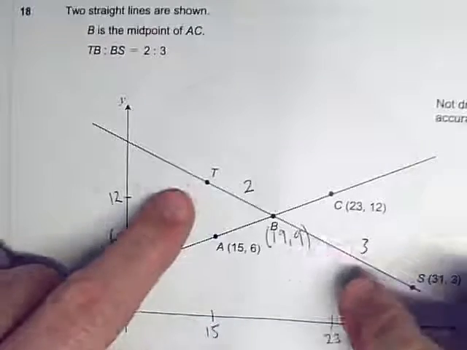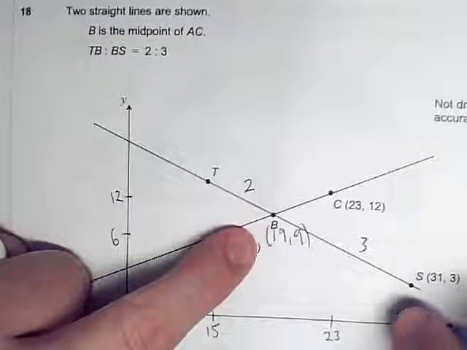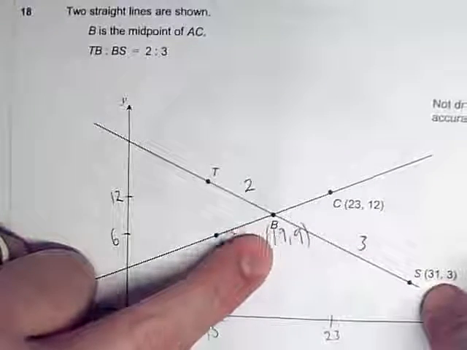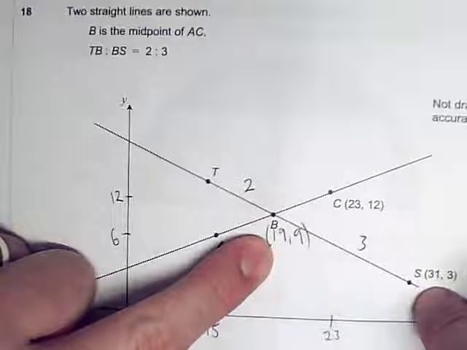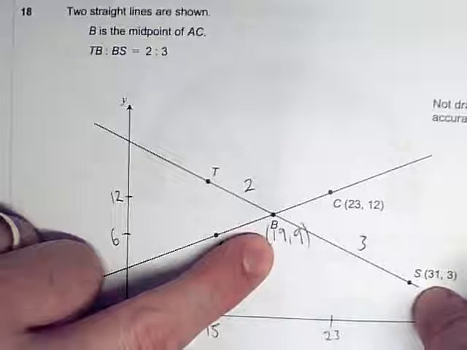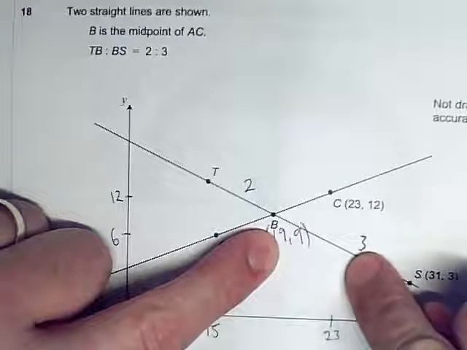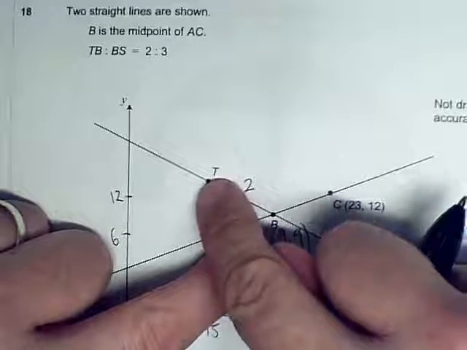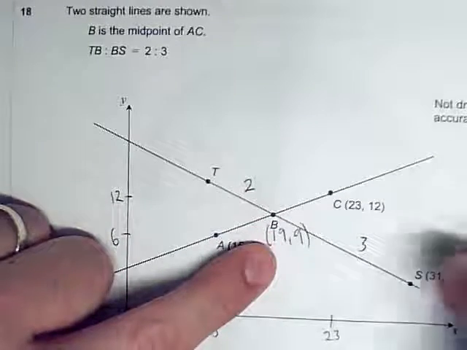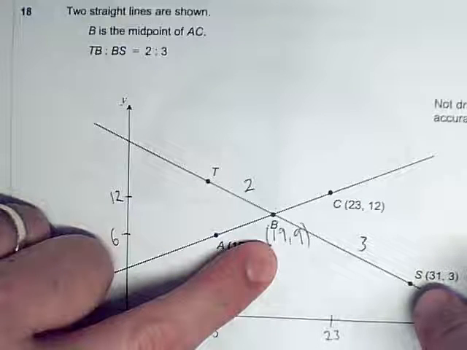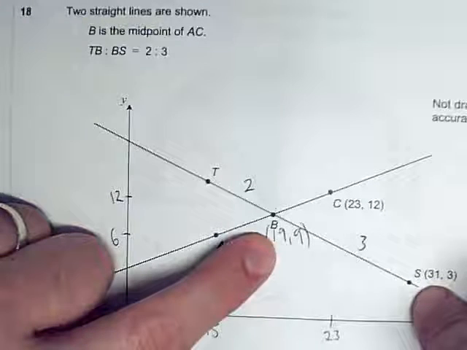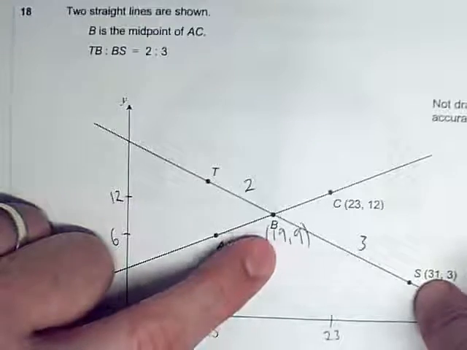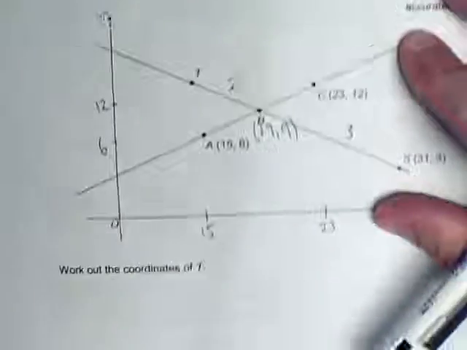So if we focus on these two, because we've got a complete set of coordinates here, we can then work out what one part must be worth and then use that information to work out what the coordinates of T are. So again, I'm going to use the X and Y coordinates. I'm going to treat these in different stages. Okay, so I'm just going to focus on the X coordinates first.